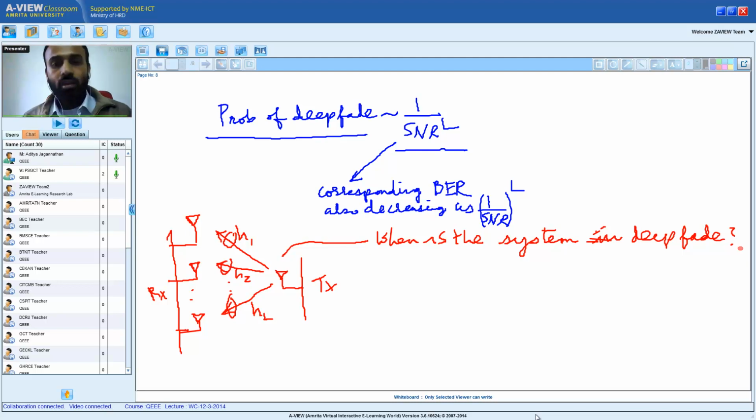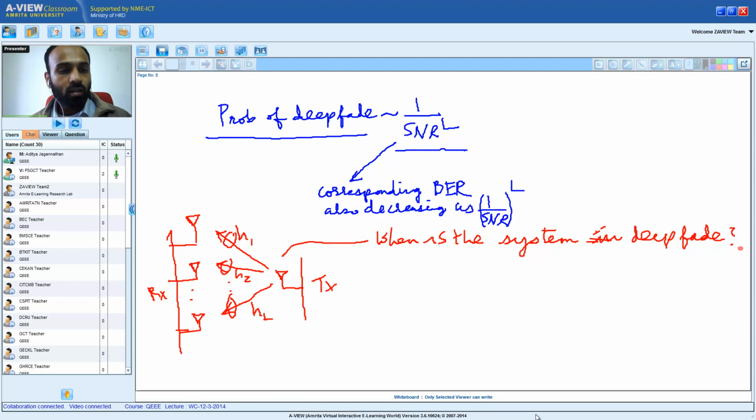Can someone tell me when is the system in a deep fade? When can we say that this system is in a deep fade? If I have L links, when is the system in a deep fade?